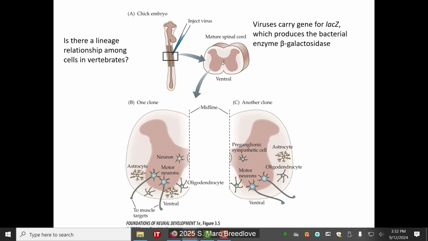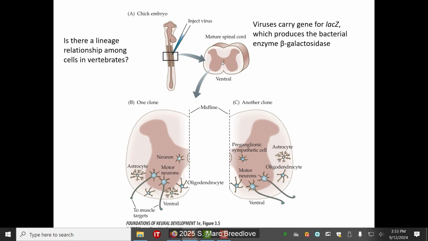But if you go late enough in development, that cell may divide 3, 4, 5 times. And so there'll be a relatively small cluster of cells, all of which had as their great-grandmother that cell you infected with the virus. And because that cell had the gene inserted in its genome, all of its offspring are going to express the LacZ.